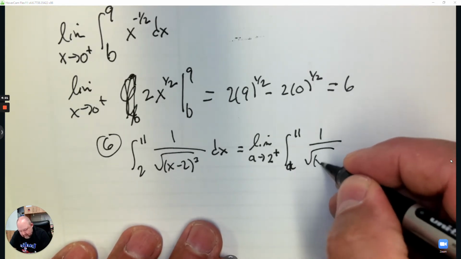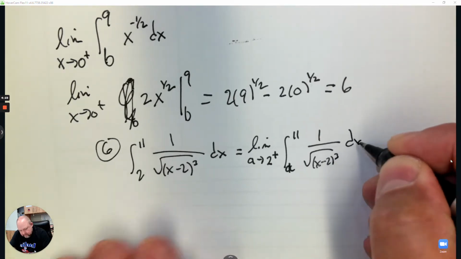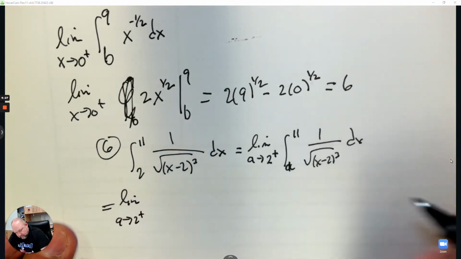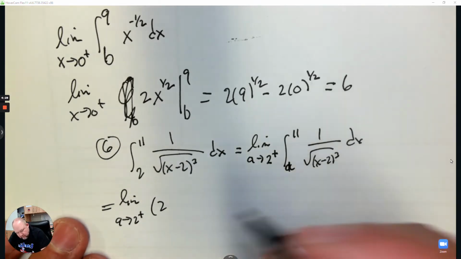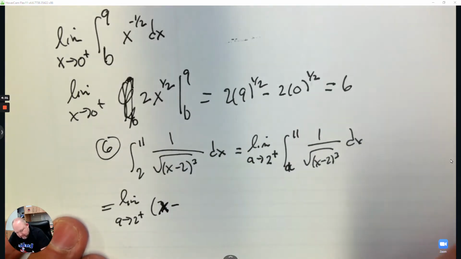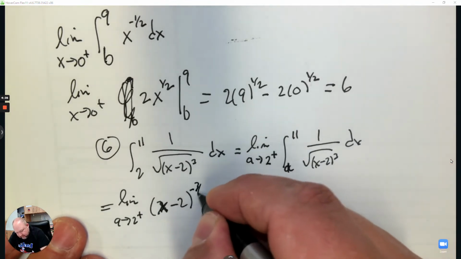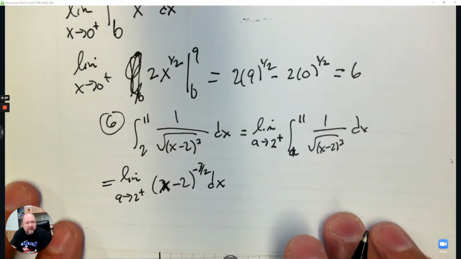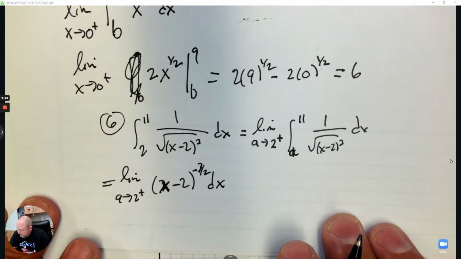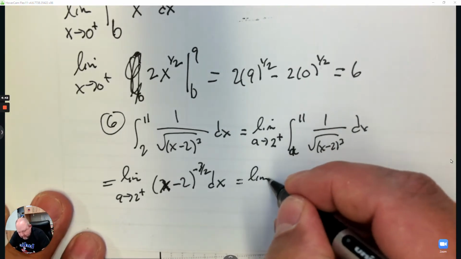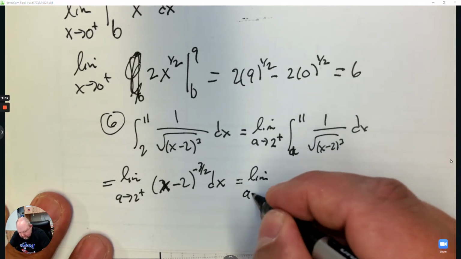I'm going to write this calculus friendly. So that's going to be x minus 2 to the 3 over 2, but it's a negative exponent because it's in the denominator. So negative 3 over 2. Keep that limit notation until you plug it in at the end.